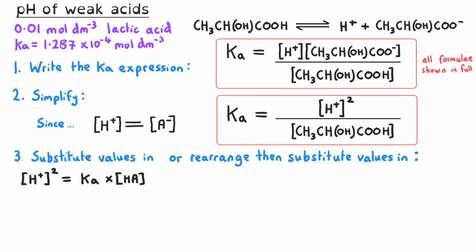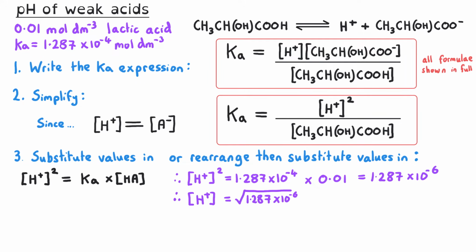And then we're going to rearrange this. So I've got the hydrogen ion concentration squared equals Ka multiplied by the acid concentration. So substituting my numbers in, I have 1.287 times 10 to the minus 4 multiplied by 0.01. And so the hydrogen ion concentration squared is 1.287 times 10 to the minus 6.